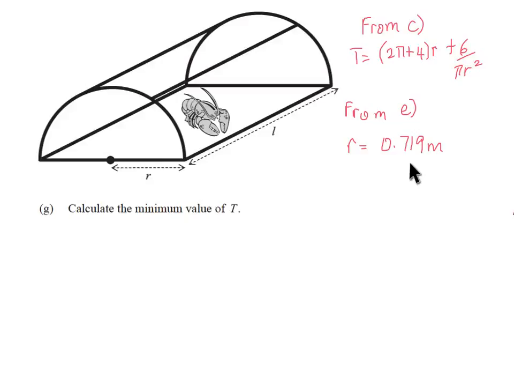So all we have to do at this point is plug our r value into that equation, and we'll get our minimum T. So let's go ahead and do that, and we'll be done.